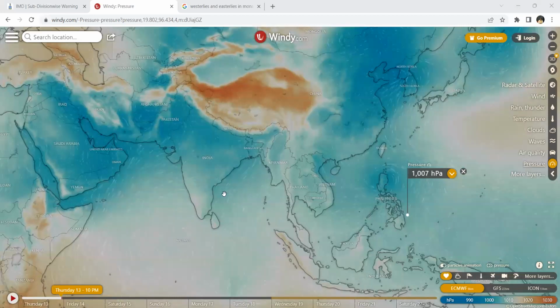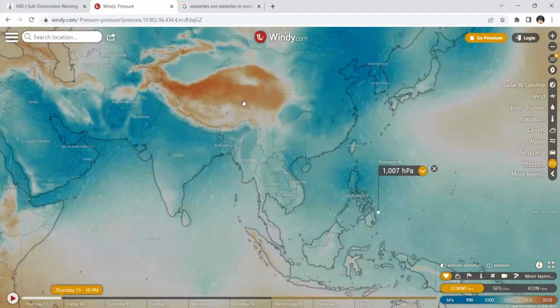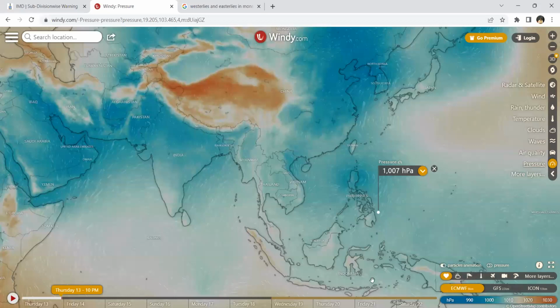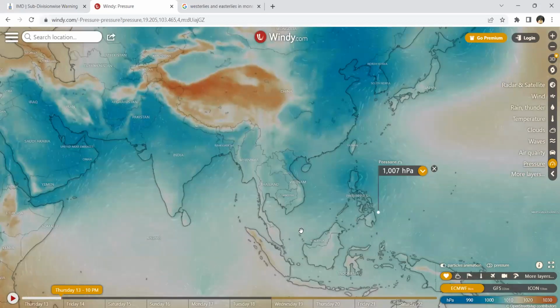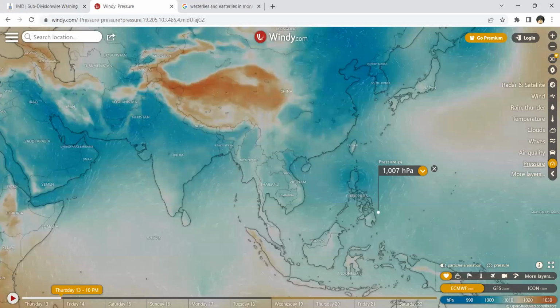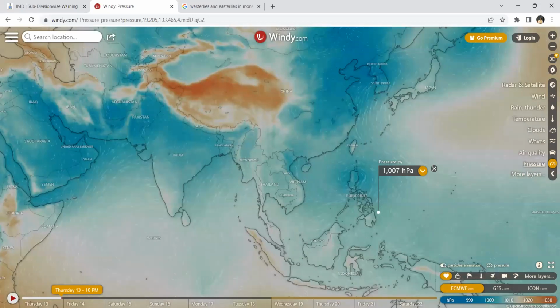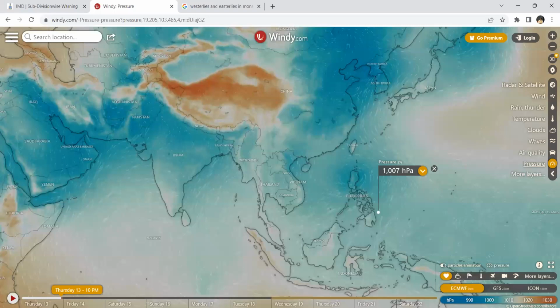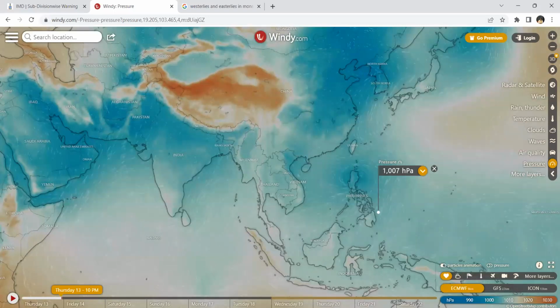So here I am showing you the forecast information, the current as well as the forecast for the upcoming days of rainfall as well as pressure, and also I would show you the cloud pattern, and I will show you how the rainfall distribution will be.